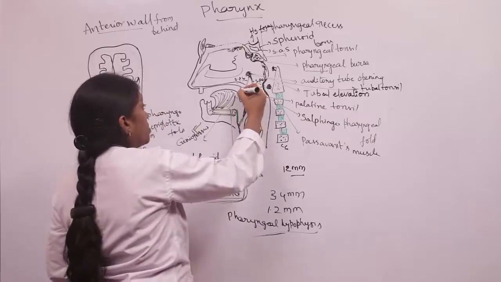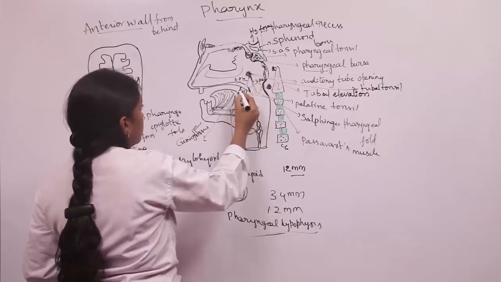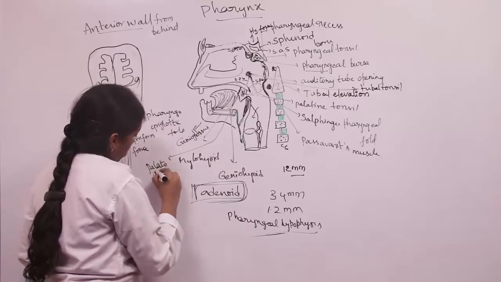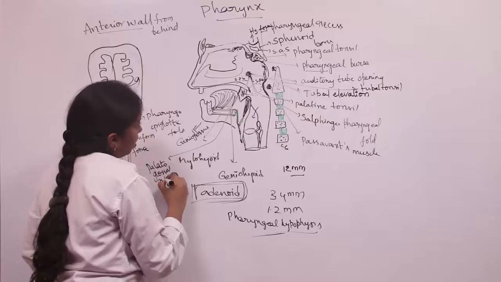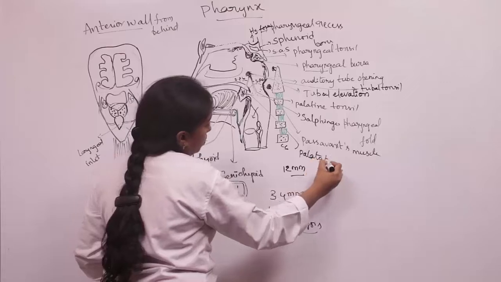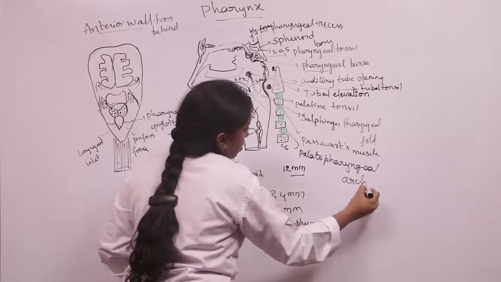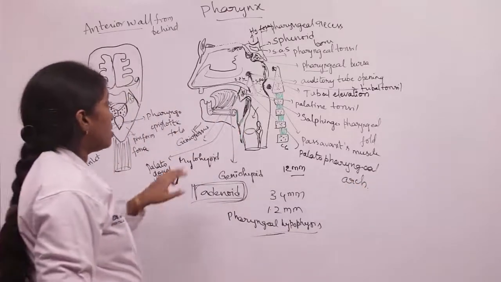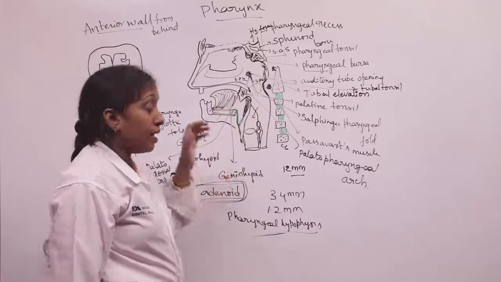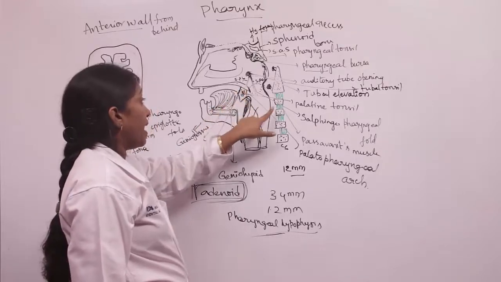The palatine tonsil is bounded in front by the palatoglossal arch and behind by the palatopharyngeal arch.